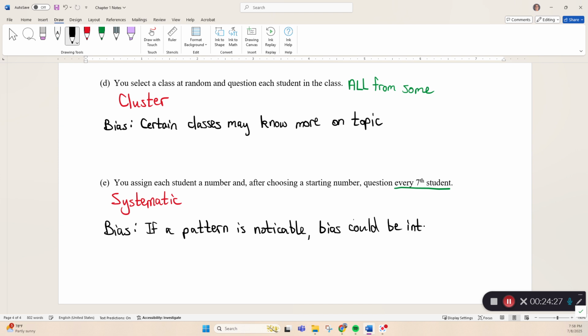Now, with that said, you often wouldn't notice it until after you picked your people. So you're like, what the heck, dude? But what I mean by pattern, it may not be intentional. It may be that every 7th person, just by chance, happens to be a female. What the heck? When did all this work? And my sample's biased.